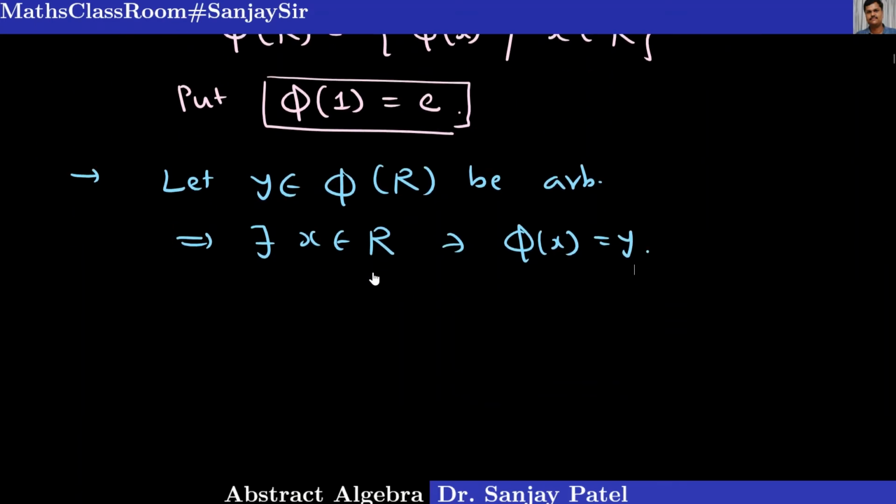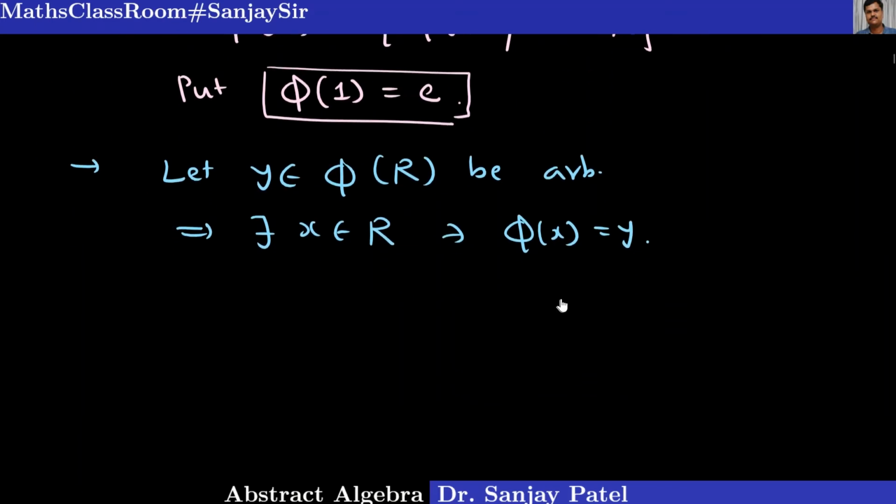Now what I am going to do is prove that E is the unity element for phi of R. So for that, let me multiply the element E and the element Y. Both elements E and Y are elements of the codomain ring because they are the values of the function phi, and the codomain is R dash.